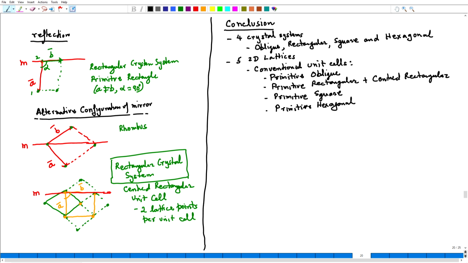In 3 dimensions, as you know, there are 14 lattices with 7 crystal systems. Here, in 2 dimensions, we have only 4 crystal systems. Now, I will just briefly talk about something regarding the symmetry of lattice and the symmetry of crystals.